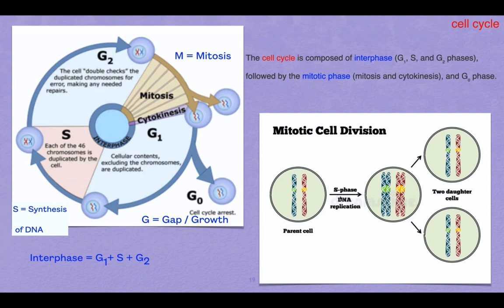So this is the S phase where the DNA is actually replicated, and when I discuss the mitosis, I shall show that there are chromatids and other terms for our understanding.